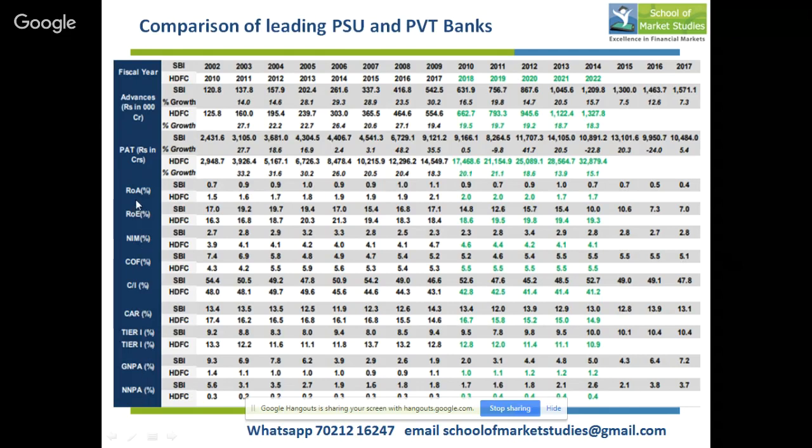So, what you'll notice is that the return on asset of HDFC Bank over this entire period has always remained close to two times of what SBI has earned. So, if SBI was earning 1 rupee, HDFC Bank has earned 2 rupees return for every 100 rupees loaned.